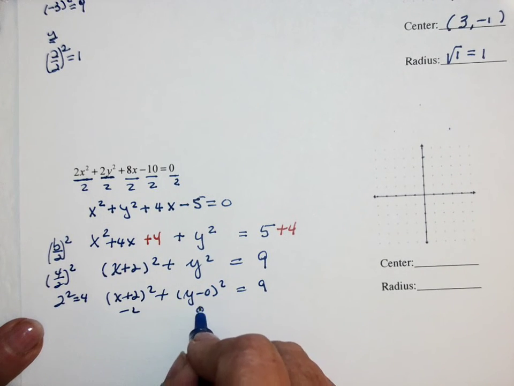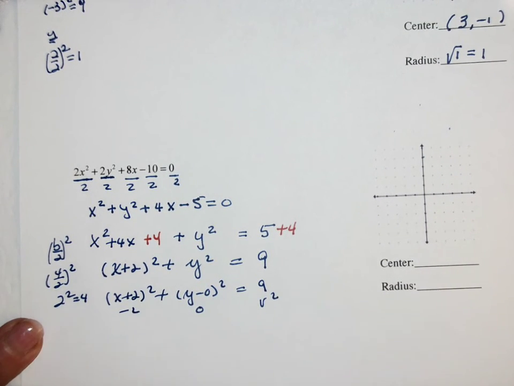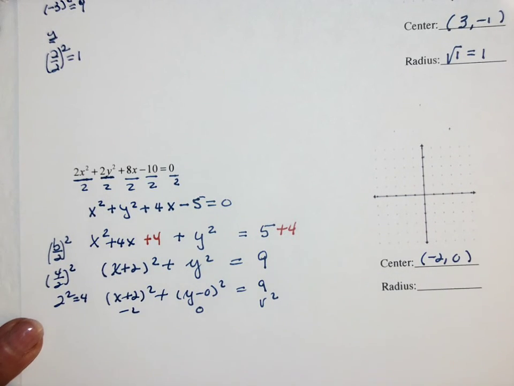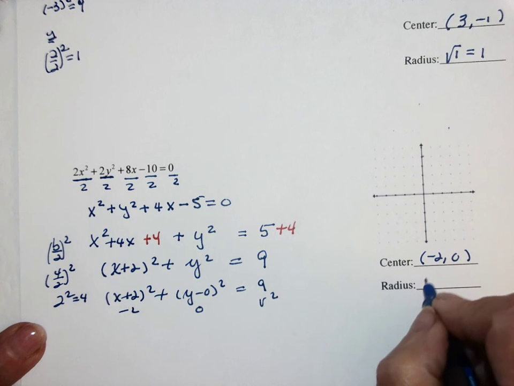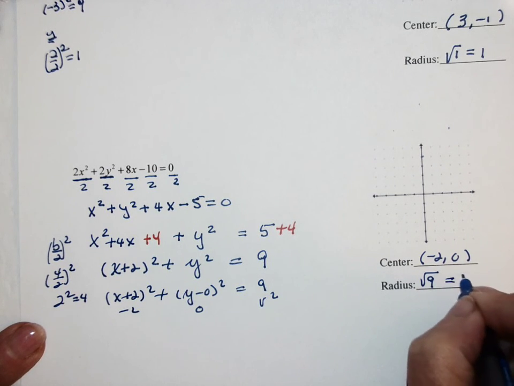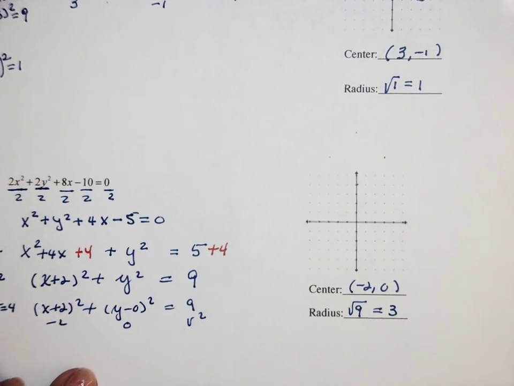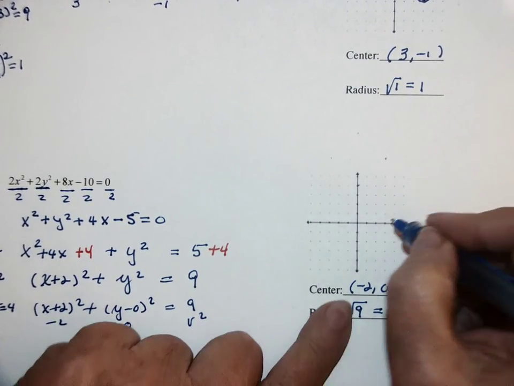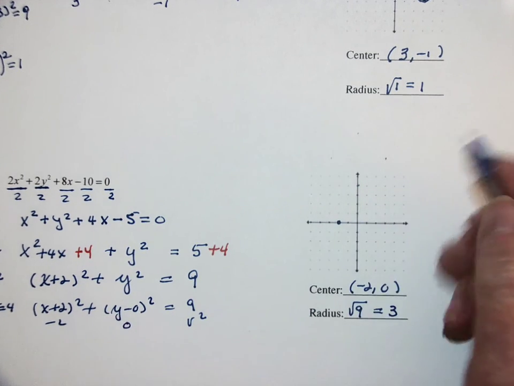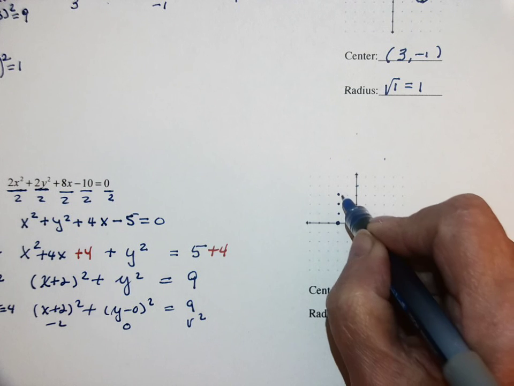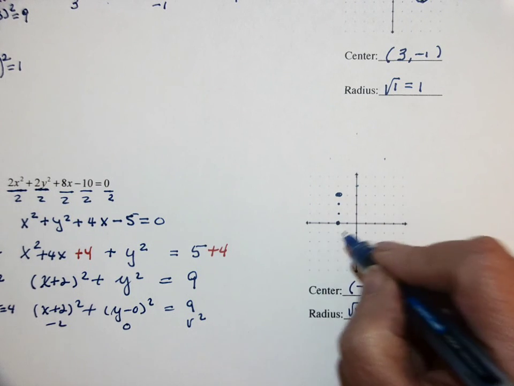Negative 2 and 0, and remember that's r squared. So (negative 2, 0) is my center. And then r squared is 9, so r is the square root of 9, which is 3, with a radius of 3. So from (negative 2, 0), I go up 1, 2, 3, and then make sure I get a nice dot there.